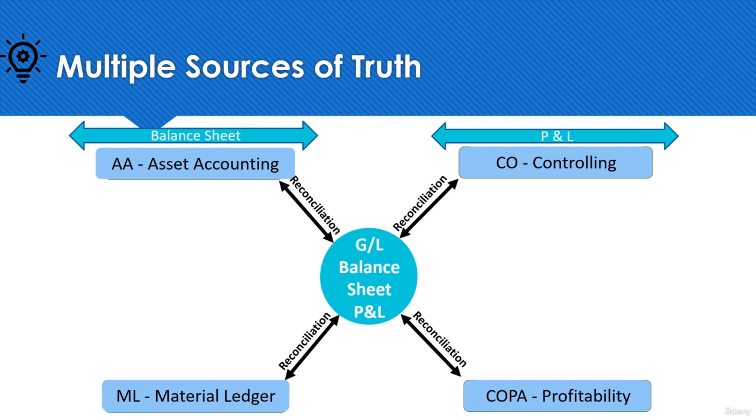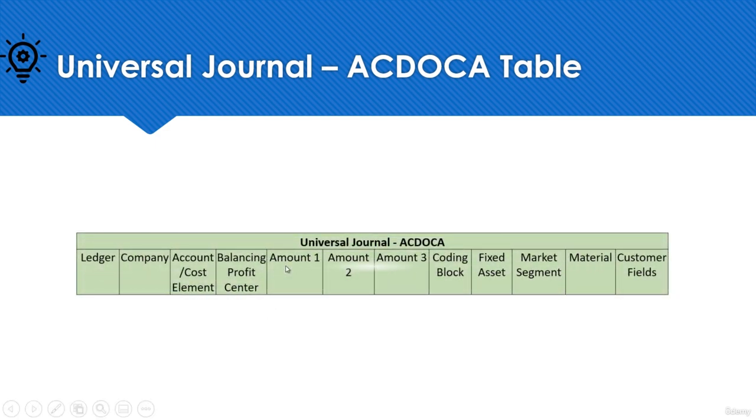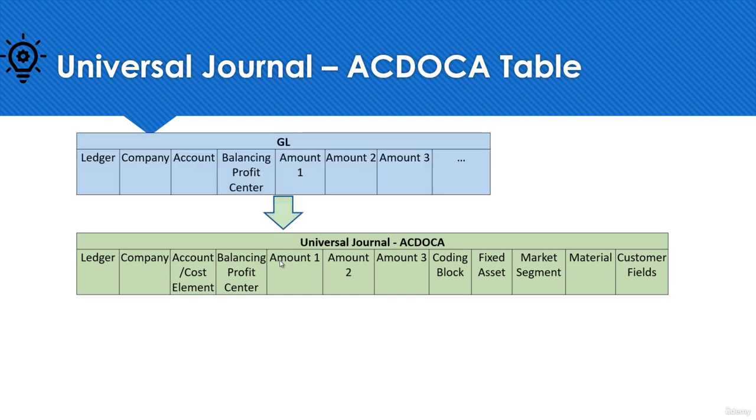So now I will explain you the scenario through the following image which was published by SAP. In Universal Journal, each posting creates line items in the Universal Journal table ACDOCA that combines all data entered in the different financial components into one single structure.